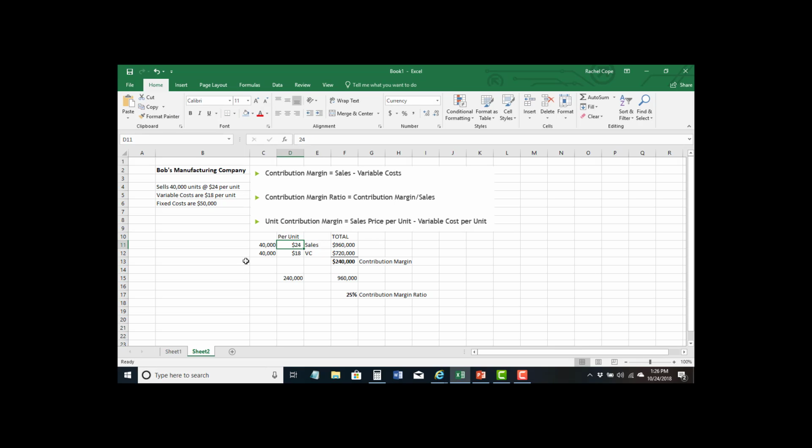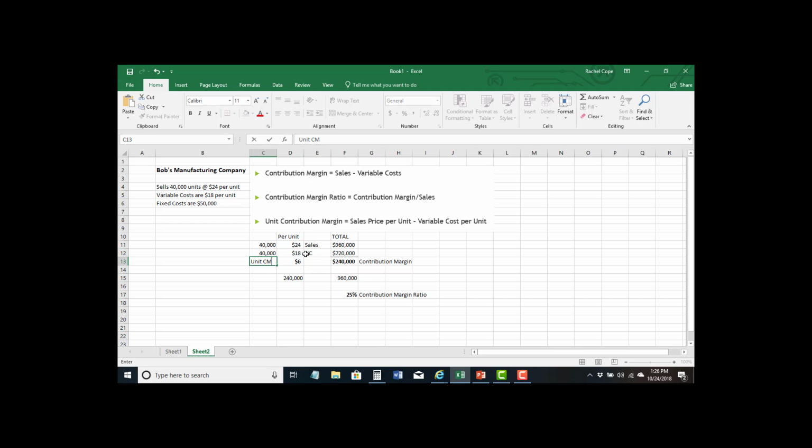So we just need to look at these cells, not these ones, because that was the total. So for the per unit, we're looking at sales price per unit, $24, minus the variable cost per unit, $18. So we end up with a unit contribution margin of $6.